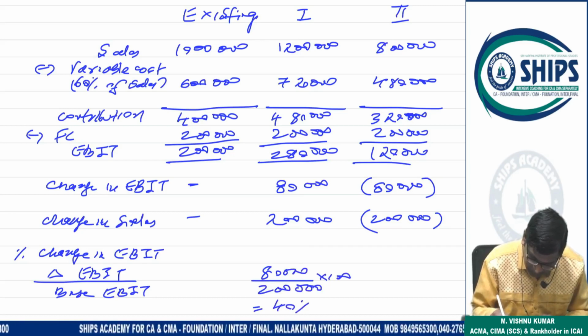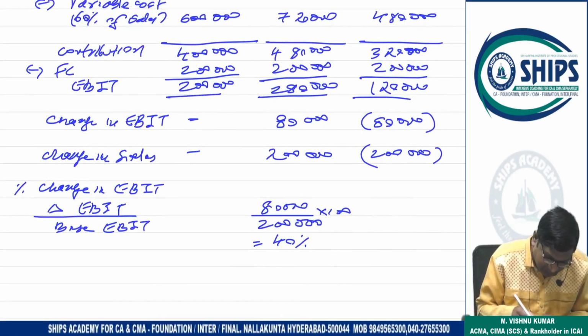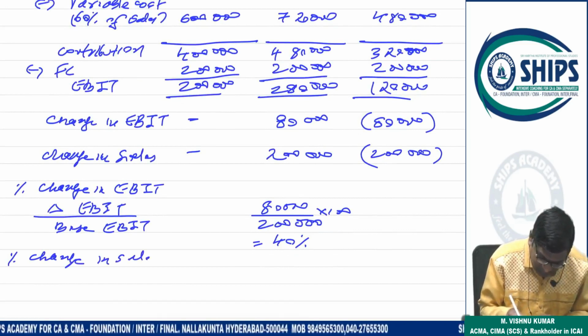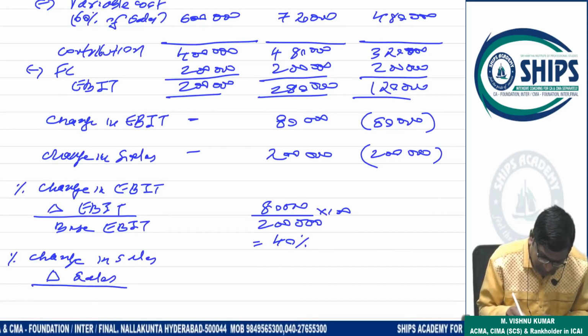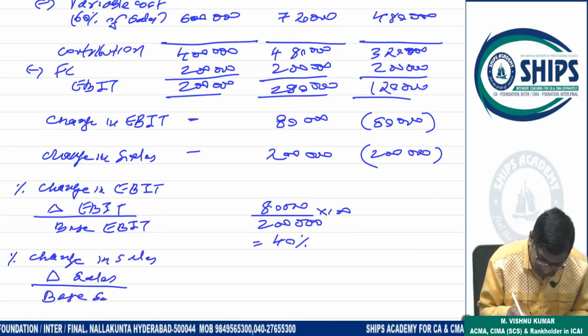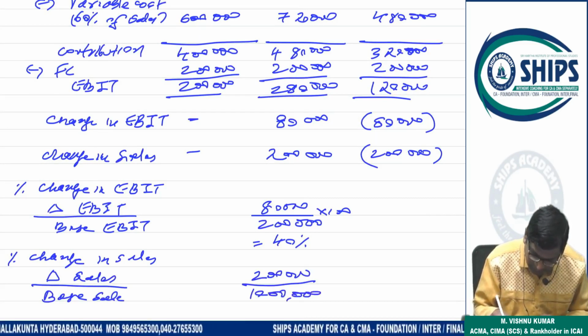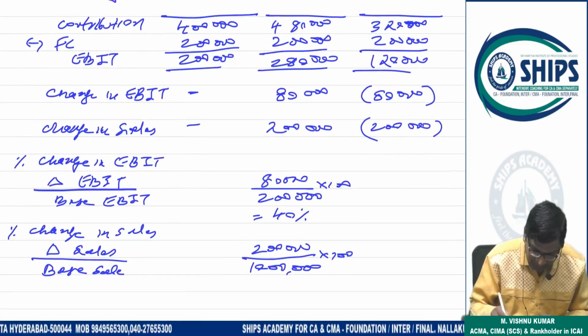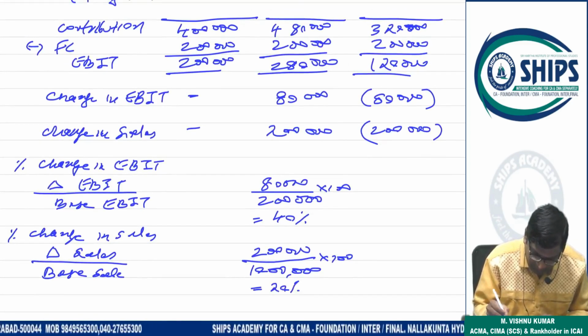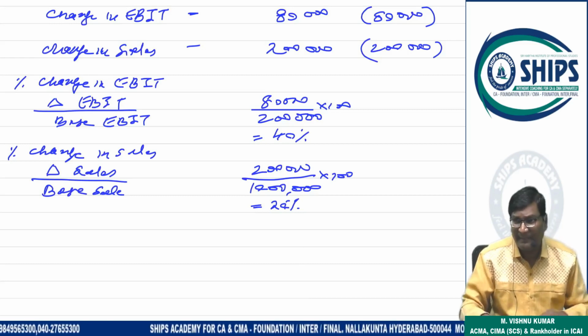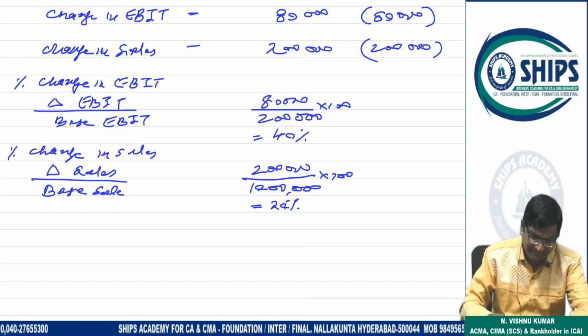So 40%. Next, percentage change in sales. Change in sale by base sales. So change in sale how much? 2 lakhs. Base sales how much? 10 lakhs. So this is 20%. Okay? Understand?